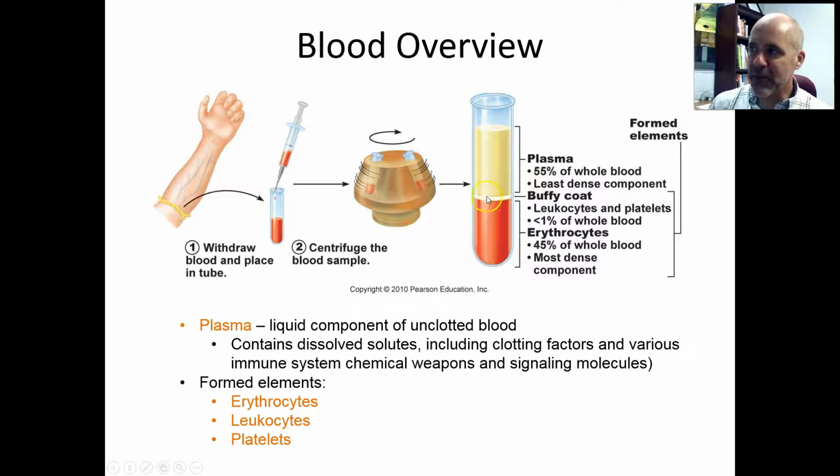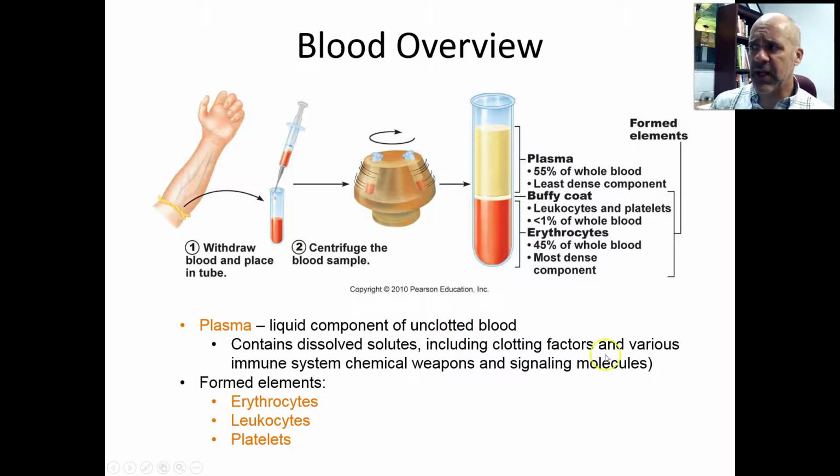So right in there, that's where your cellular warriors of the immune system are located, your leukocytes. And so they consist of a much, much smaller proportion of the blood when compared to the red blood cells that are responsible for transporting oxygen to your tissues.